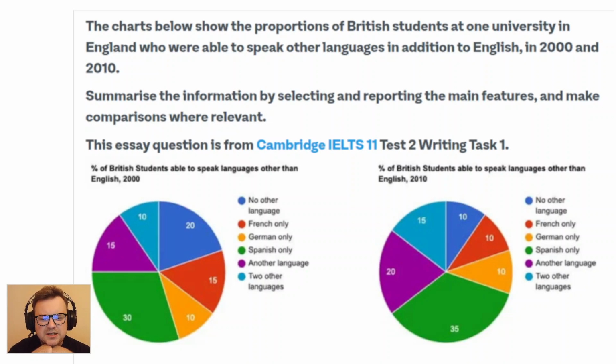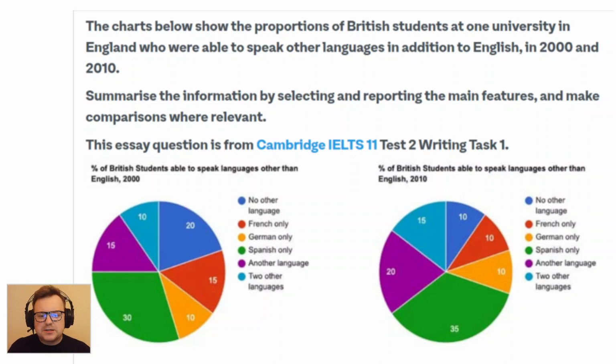And another key takeaway, another general overview, is that Spanish is the most popular foreign language for British students at this university. So those for me are the key details, and that would be the nice overview. Okay, anything else we need from this? Don't think so. Everything else is mostly the same.